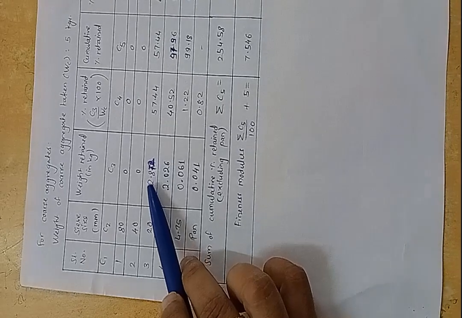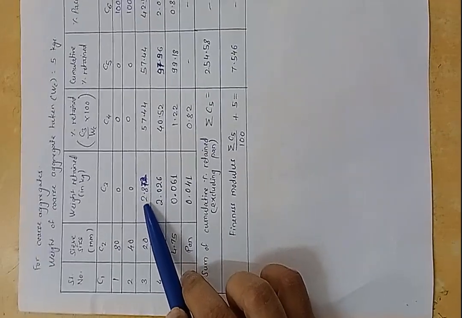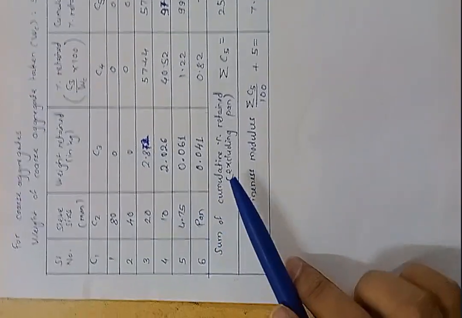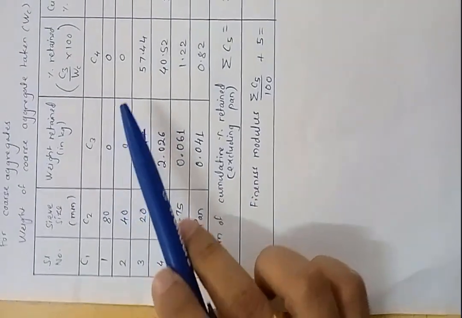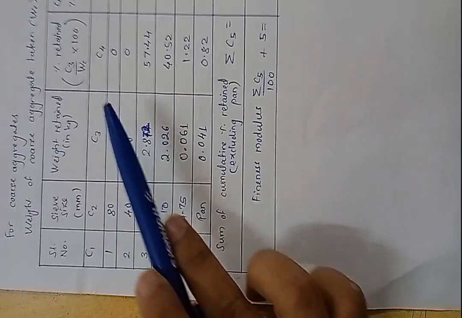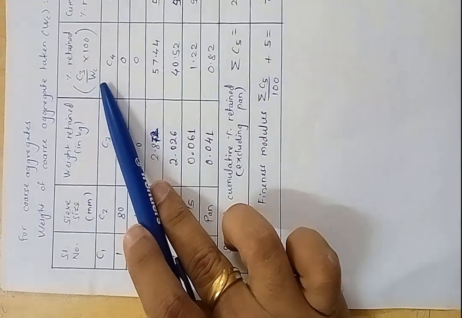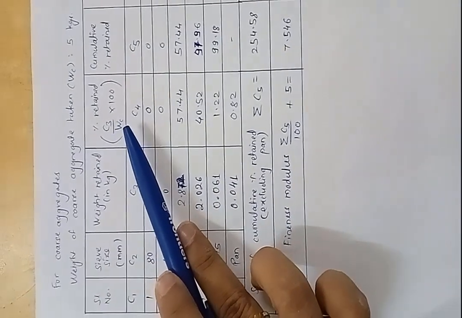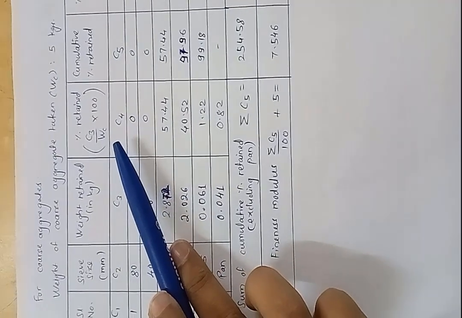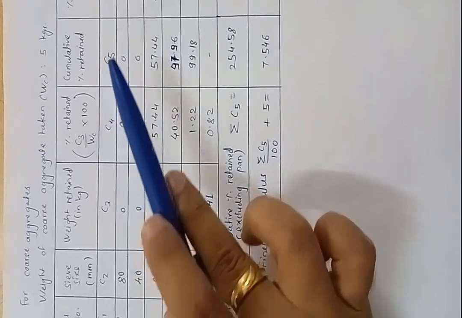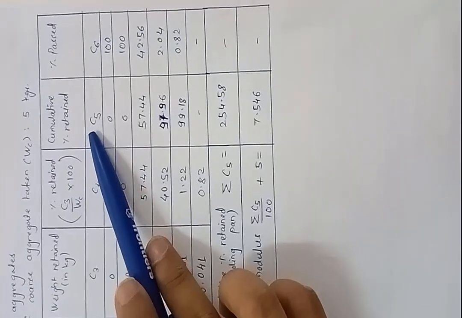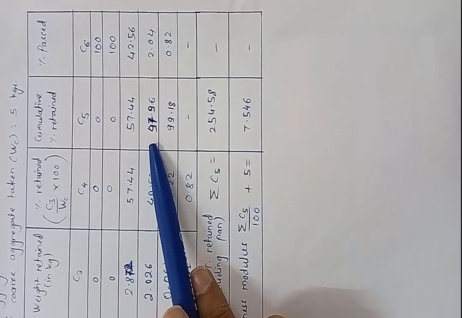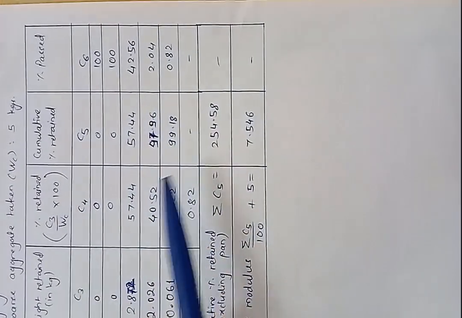So we adjusted that 28 grams in this particular reading, and you will see we have also calculated the percentage retained, which is C3 by WC multiplied by 100, and WC is the weight of coarse aggregate taken, which is 5 kg. Similarly, we also calculated the cumulative percentage retained and percentage passed.